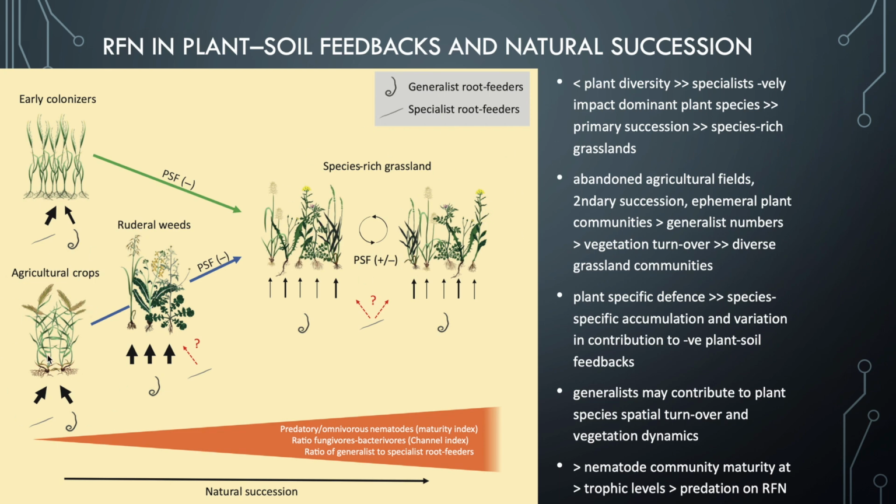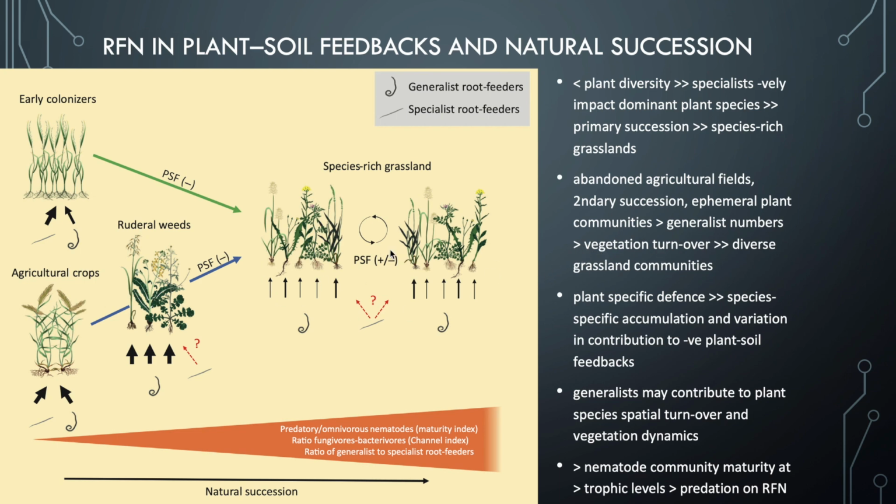And we can see here that in agricultural crops, there is an effect of both generalist root feeders as well as specialist root feeders. And in abandoned agricultural fields, the ecosystem undergoes secondary succession, where ephemeral or transient plant communities take over. And now that there's some diversity, generalists will have an effect on these plants, increasing generalist numbers as well as vegetation turnover.